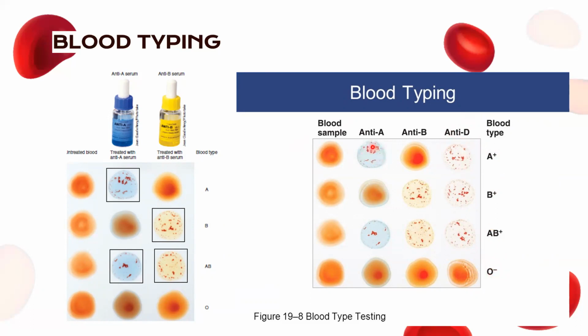So again, clotting for anti-A, the blue one. Then anti-B for the yellow. Okay. Clumping here, agglutination. Then A positive, B positive, AB positive, O because there's no clumping, and it's negative because there's no clumping for anti-D. This is for blood typing.